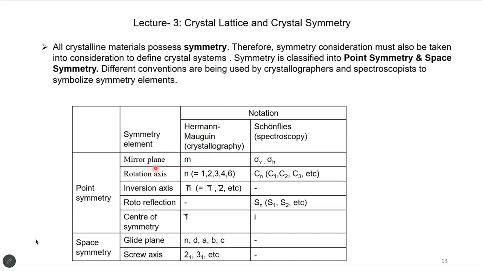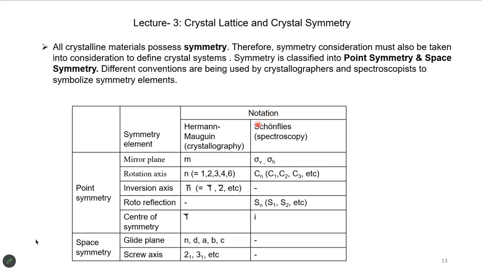The designation of these symmetry elements: for mirror plane it is M. For rotation, that is N. So N could be 2, 3, 4, and 6. I discussed it. And then rotoinversion, bar N, that means bar 1, bar 2, etc. And we do not have any rotoreflection in crystallography. We have the center of symmetry for crystallography. So these are the point group elements.